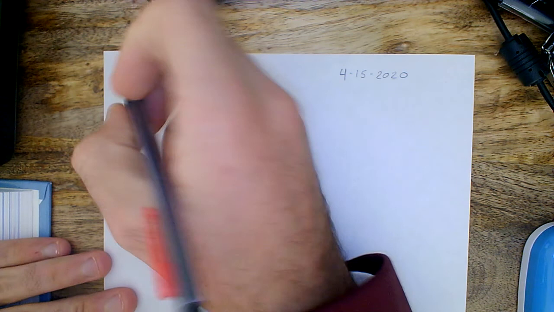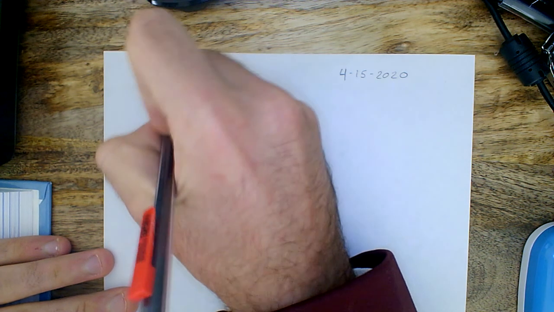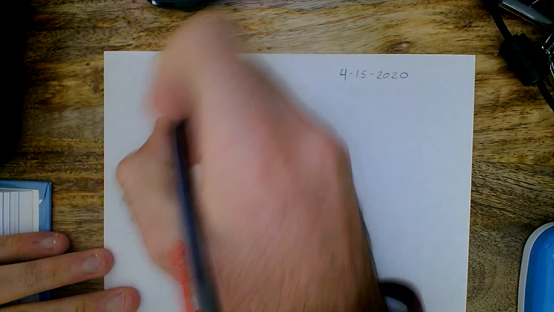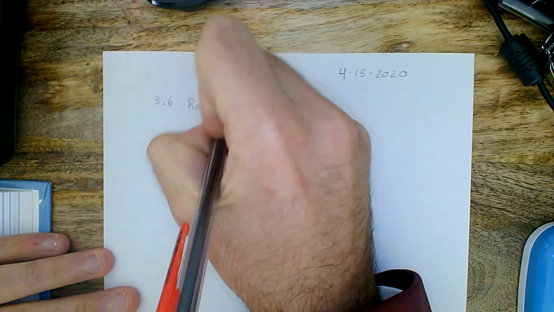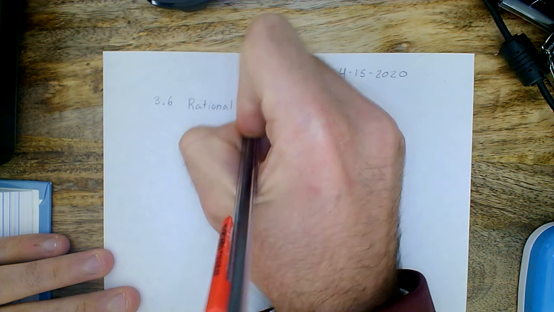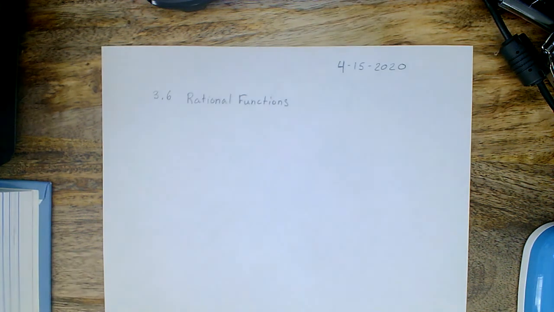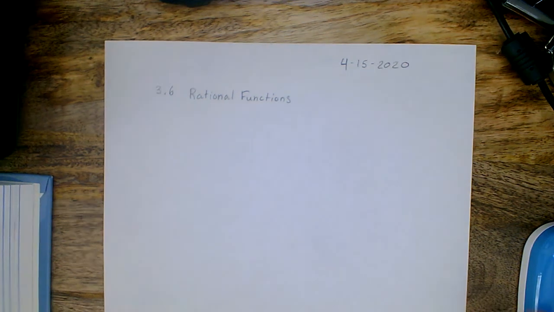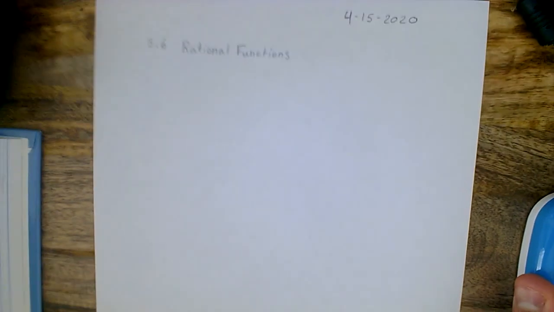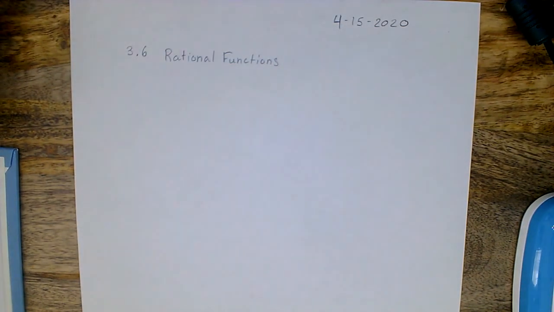Today we're going to be talking about, we're skipping 3.4 and 3.5, and we're going to be talking about 3.6, rational functions. Okay, so the rational function, we've talked about rational expressions, remember? So these are just rational expressions used as functions.